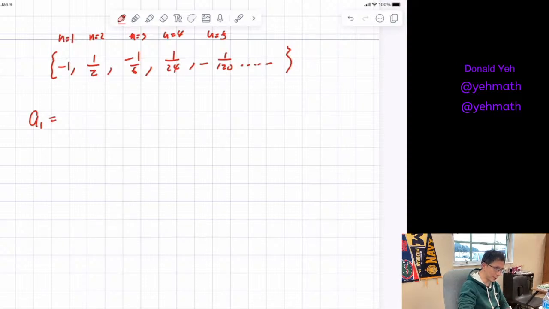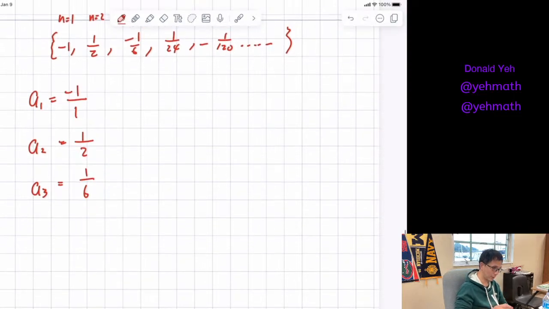But we know this is going to be a fraction, so it's negative 1 over 1. a_2 is going to be 1 over 2. a_3 is negative 1 over 6. But what's the relationship from 2 to 6? a_4 is 1 over 24.